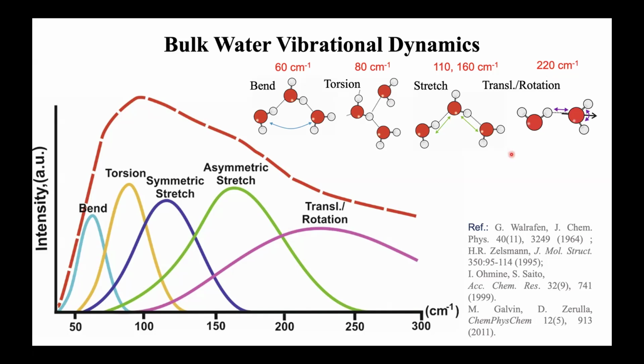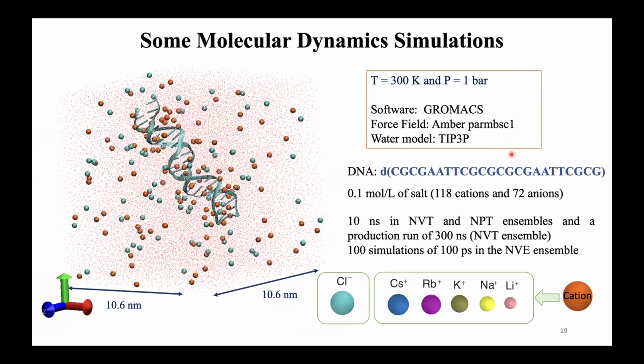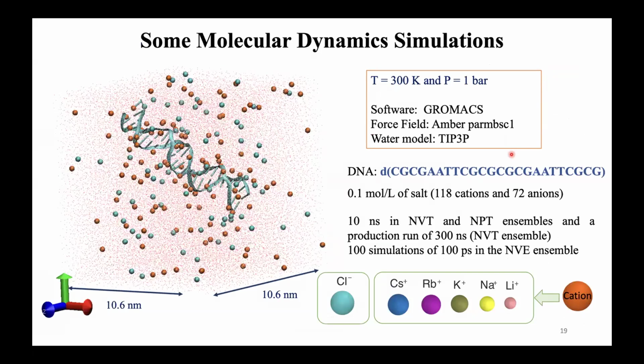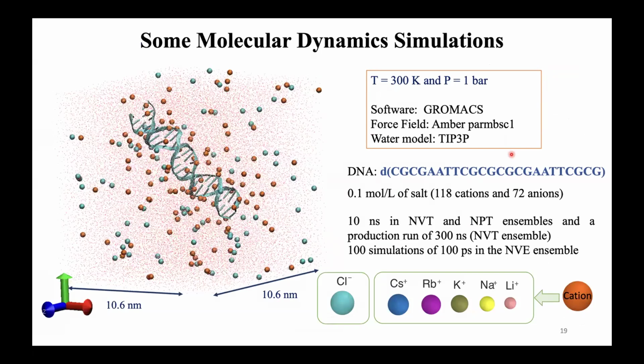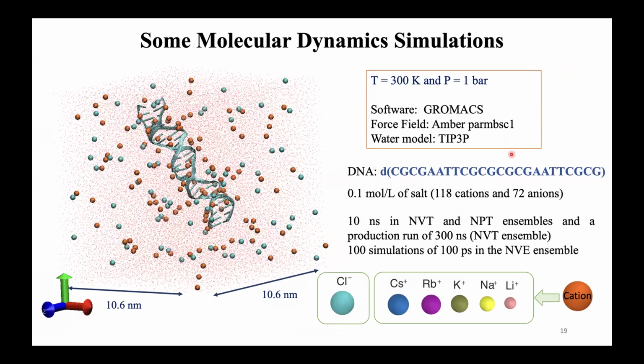So for further studying the dynamical features of the hydration shell, in our previous work we studied the effects of various metal ions on the dynamics of the hydration shell of DNA. Since we are all interested in the modeling, I'll go a bit deeper into the details of the simulation protocol.